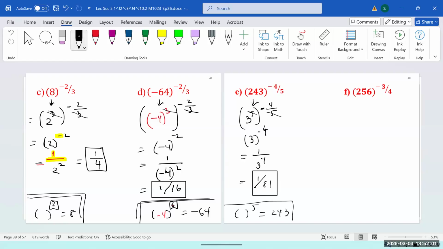Perfect. We did the exact same question before without the negative sign, so the answer was the whole number 81. But this time we have a negative sign on the power, so it's a fraction, 1/81.